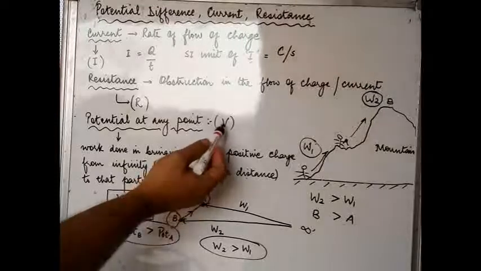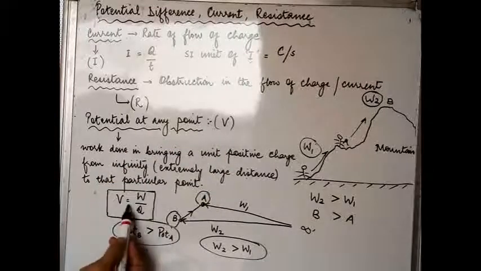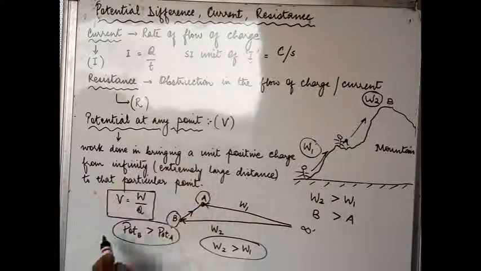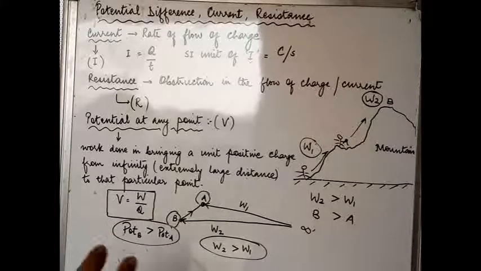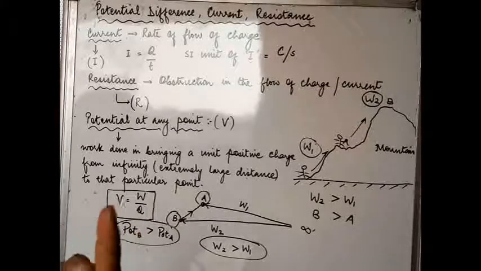Potential, which is represented as you can see with a capital V, is the amount of work done W in bringing what charge? Unit positive charge. So therefore you have to divide the work by the total charge that you are carrying. Okay, so V is equal to W upon Q. When you divide by the total charge, you will get the work done for unit positive charge, and that is what is known as the potential at a given point.